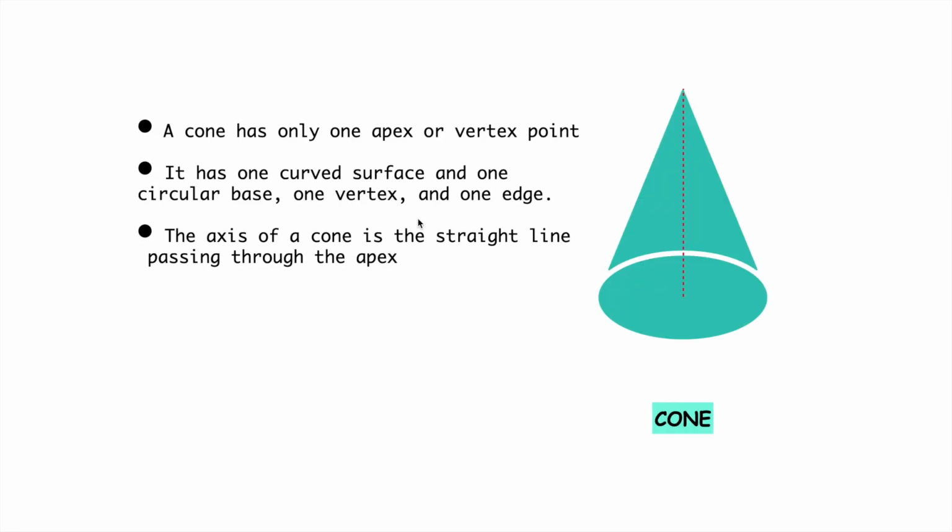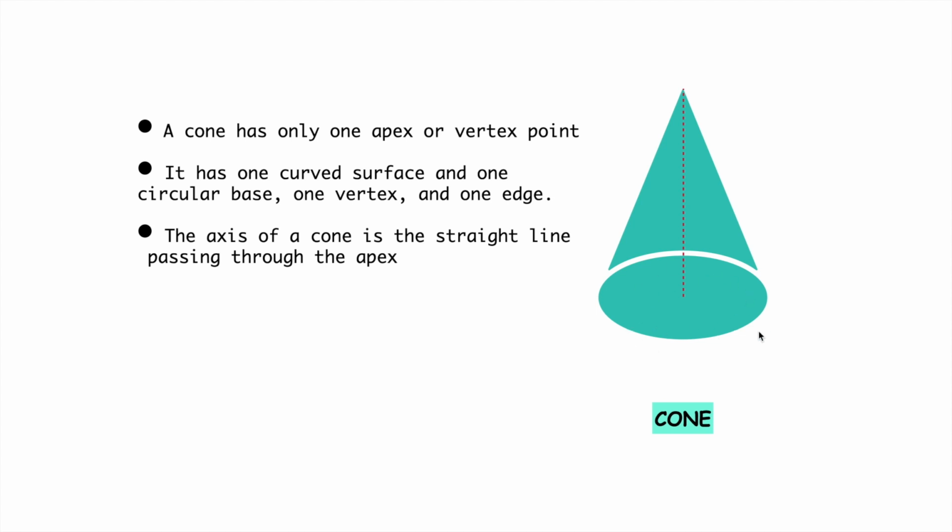Next one, cone. A very interesting thing about cone is that it has a unique thing that all other shapes don't have. It is called apex. This one. This is the apex of the cone or vertex point. Okay? And it has one curved surface. Can you see this surface? Just like cylinder, cone also has one curved surface and one circular base.